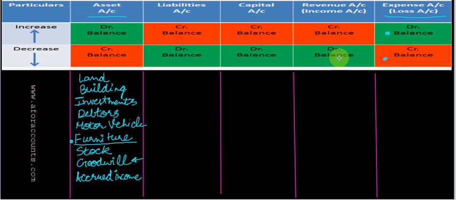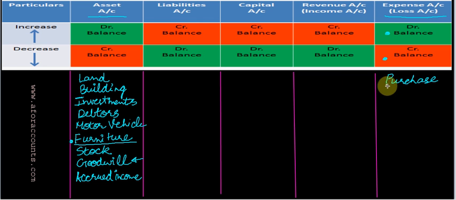Let's talk about expenses. What all things can be my expenses? Purchase. When I purchase the goods, I have to debit it. Purchase always has a debit balance. You have to always debit purchase, because by purchase you raise an expense. So purchase account has always to be debited.